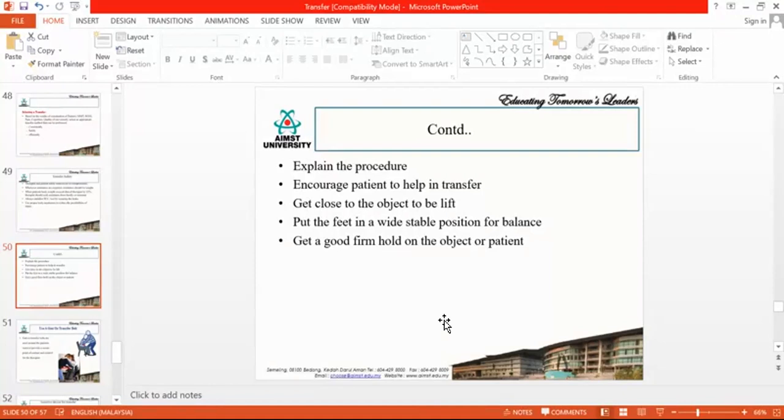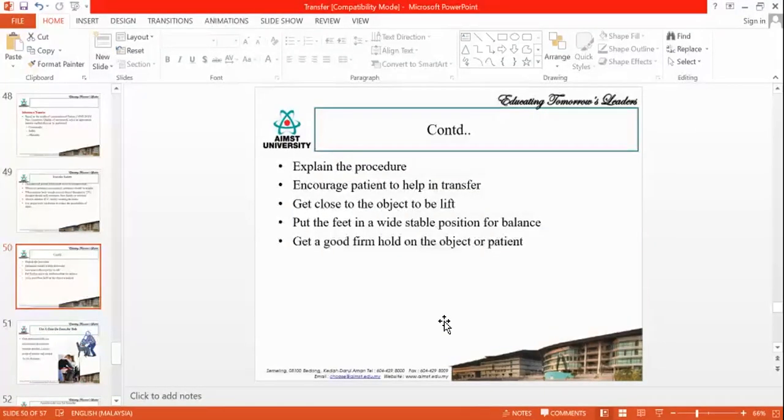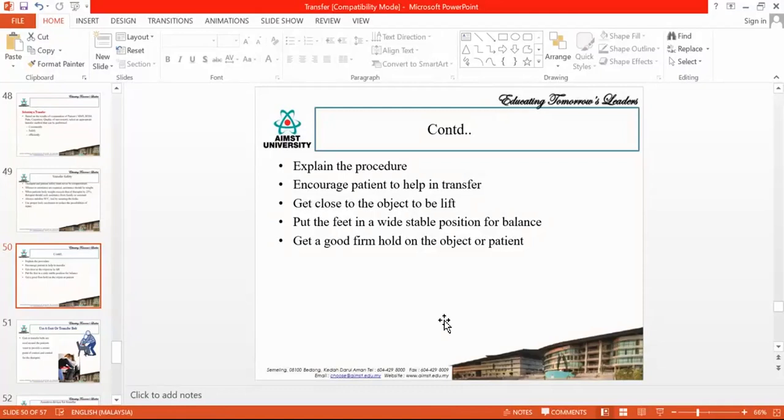Then another thing is get closer to the object to be lifted. That's why I said your base of support should hold the patient inside it. It should not be away. You should be closer to the object. Is that clear?